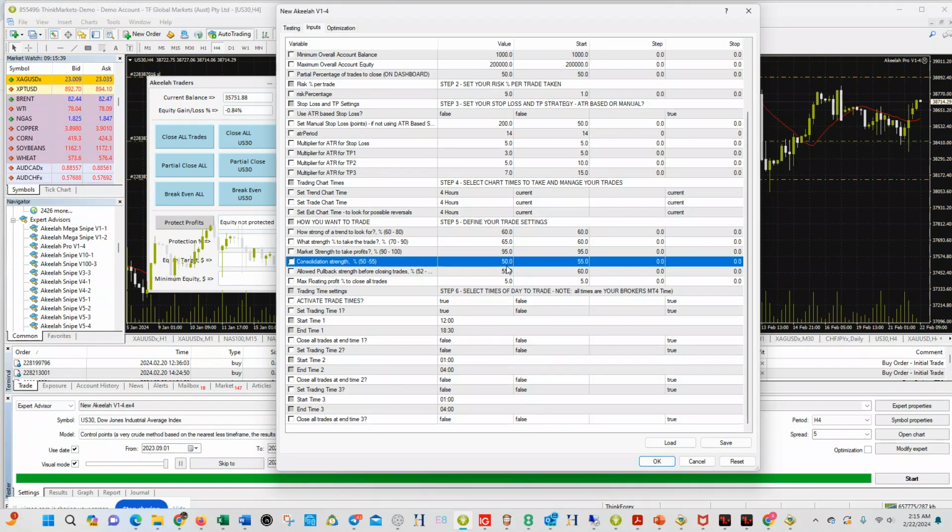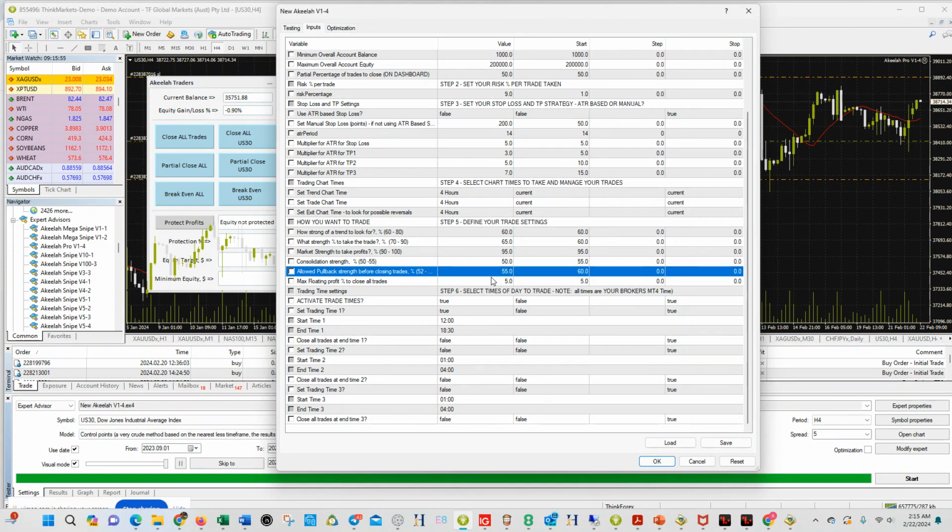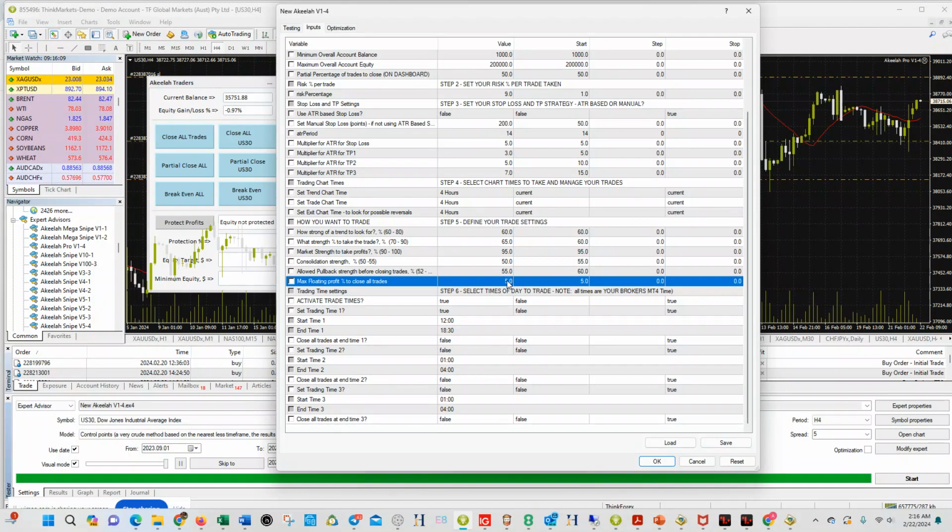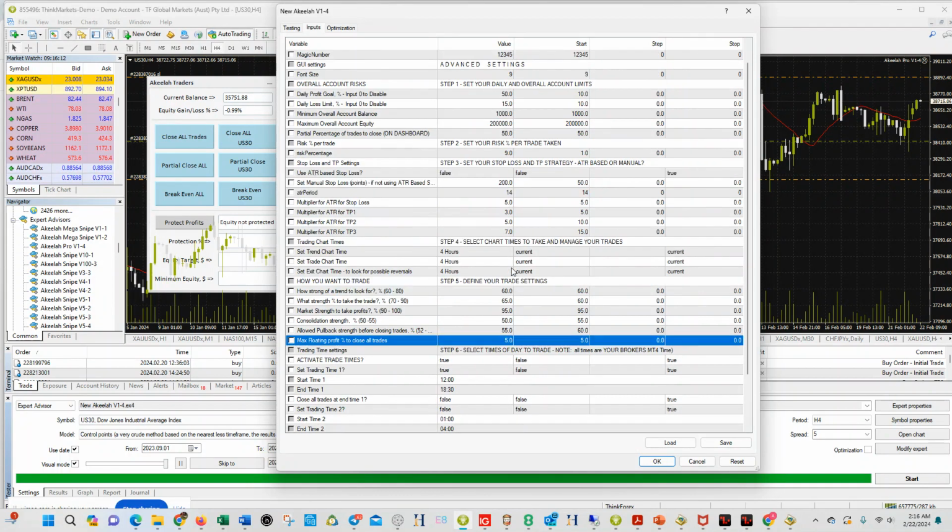That's basically saying I don't want to exit my positions even if the market is consolidating. That's one of the personal strategy settings that I use for US 30. Then for my pullback strength, 55%. So if I'm in either a buy or sell, if the market pulls back below 55%, I want to get out of my position. And again, the system is going to scan that for me. My max floating profit, I put it at 5%. Daily limits up here.